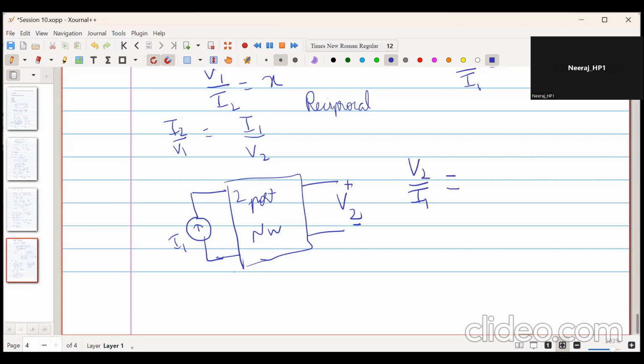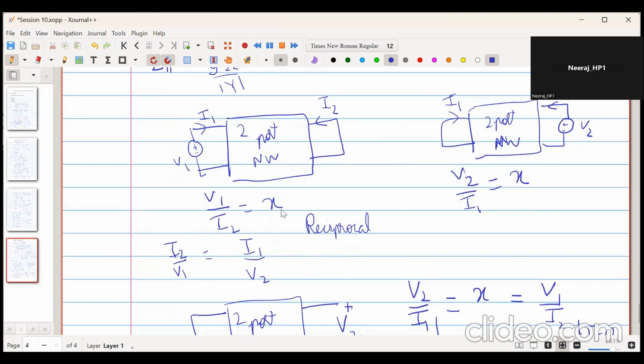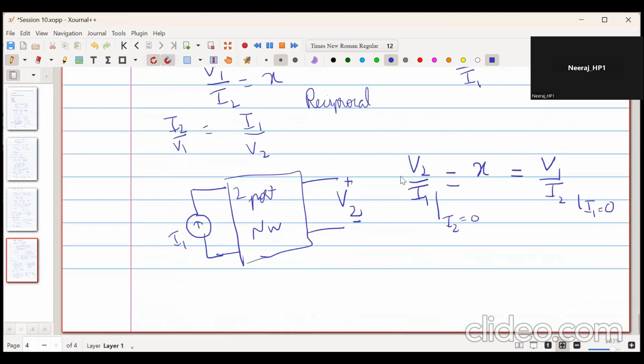Okay, this is the response upon the excitation. This will be equal to X. Similarly, that is equal to V1 upon I2. Okay, this is at the condition where I2 is equal to 0. This is at the condition when I1 equal to 0. If this is valid, then we can say that the network is reciprocal. So either we could use this condition or we could use this condition to determine if the network is reciprocal. All right.